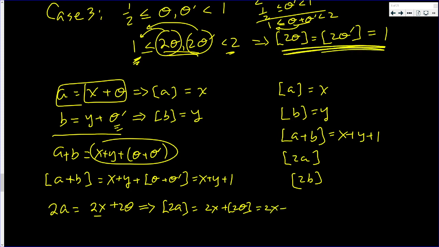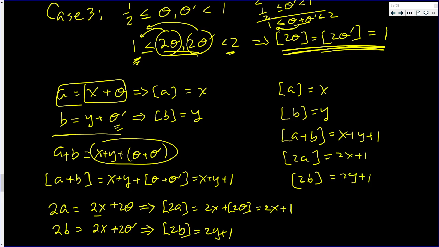So this is 2x plus 1. And by symmetry, because theta and theta prime are both between 1/2 and 1, we're going to have 2y plus 1. 2x plus 1, 2y plus 1.